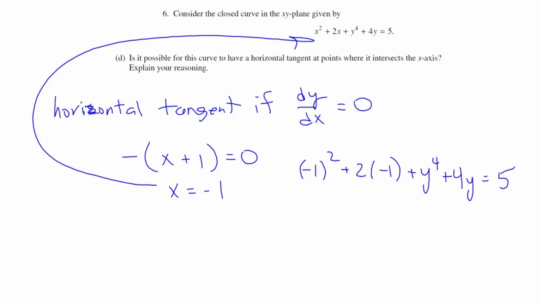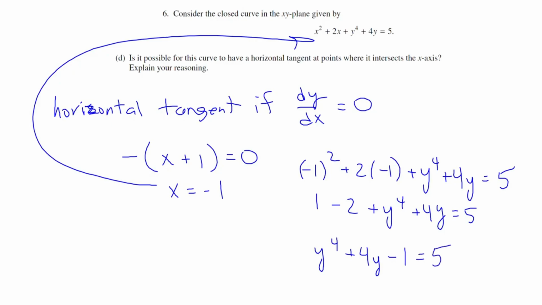And so what we end up with here is 1 minus 2 plus y to the 4th plus 4y equals 5, or y to the 4th plus 4y. And then we've got 1 minus 2 is -1. And if we have -1 there, setting that equal to 5, right?